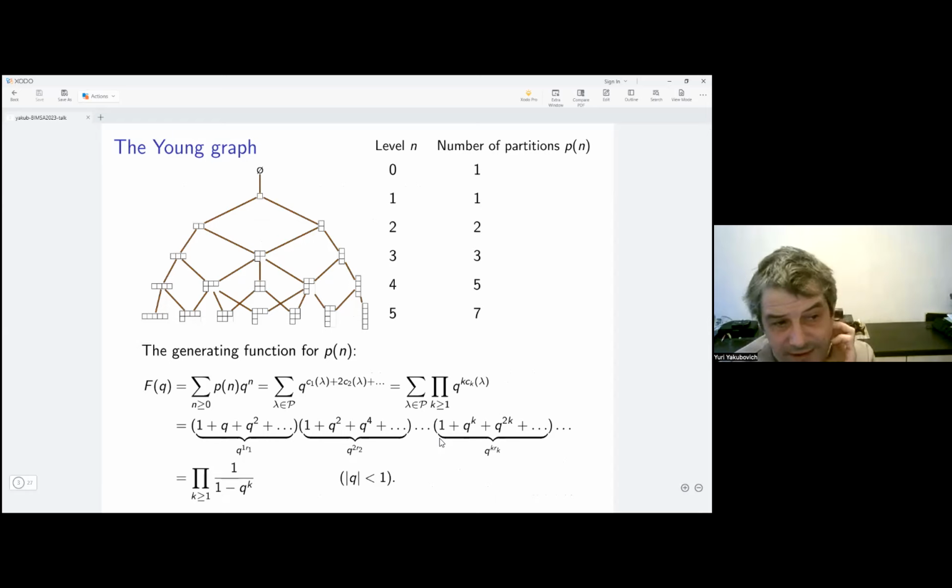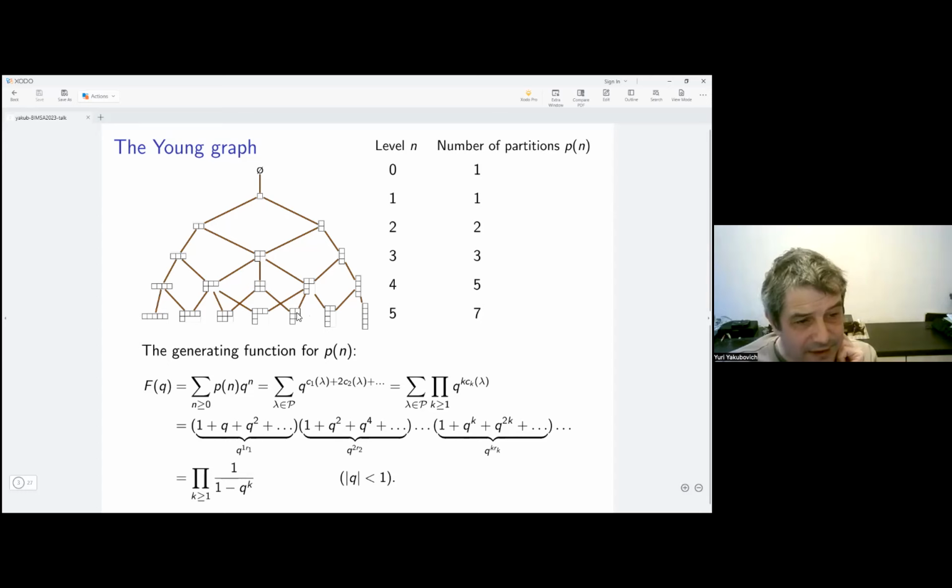And these partitions can be arranged in the so-called Young graph. It's a graph which has partitions as its vertices, and edges are drawn between two partitions if you can obtain one from another by adding or removing a box from the corresponding Young diagrams.